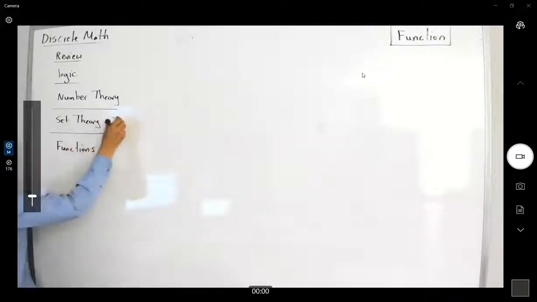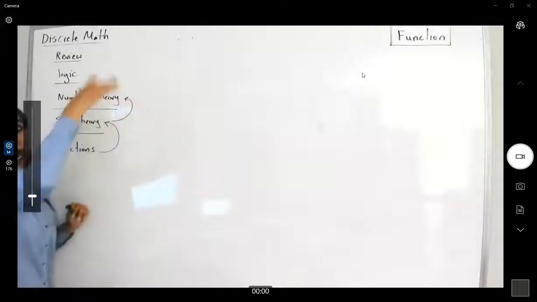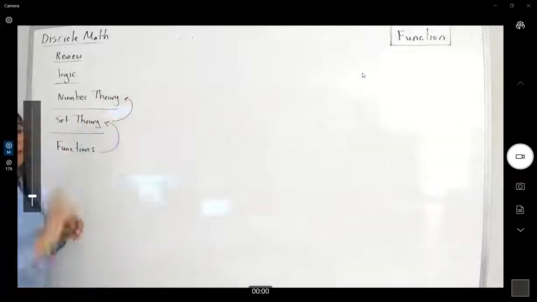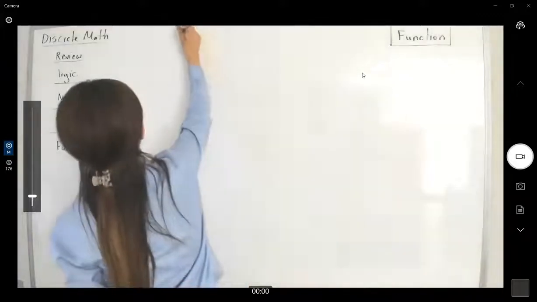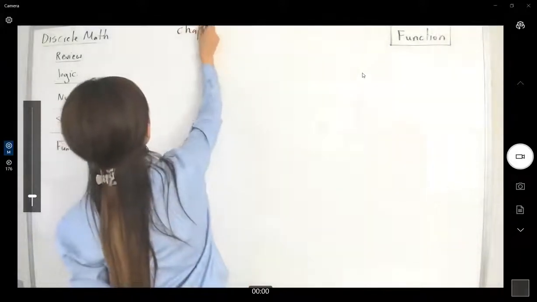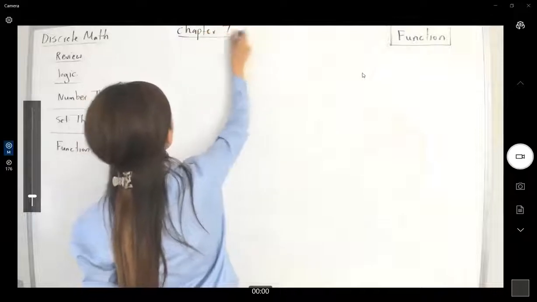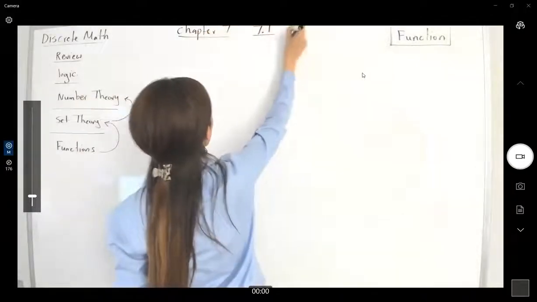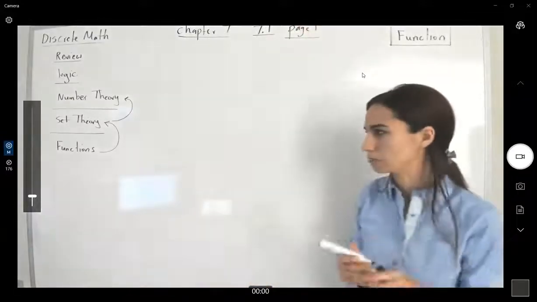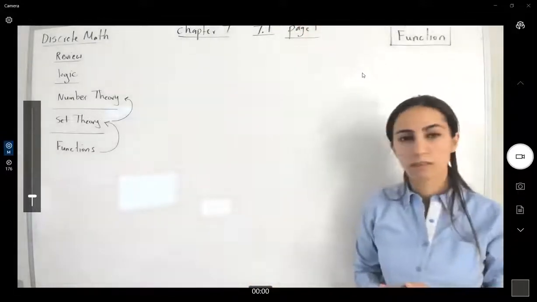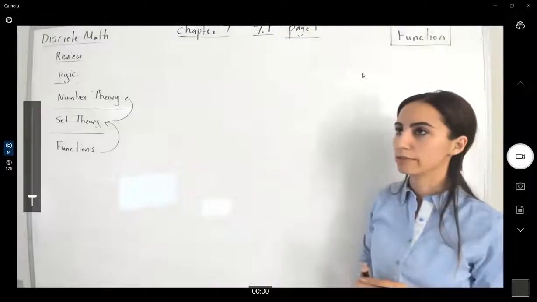Elements of sets in our math class are numbers. Very well. So we are on chapter 7, section 7.1, page 1. Okay, very well. Functions. We talked about functions in chapter 1.